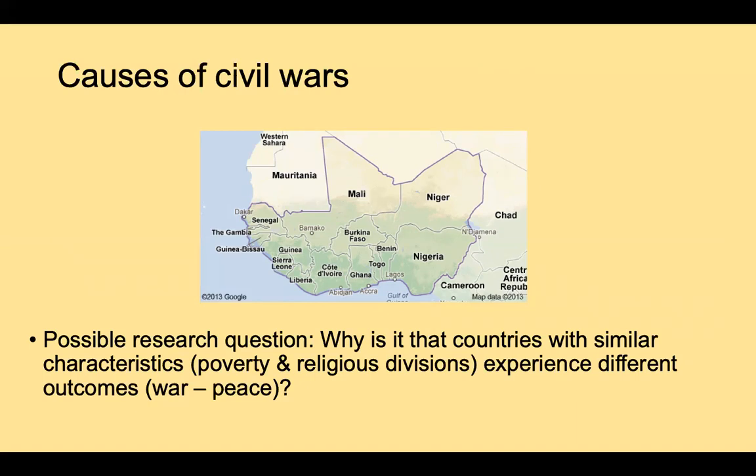Another thing I want to tell you is that our comparative case study designs and our research questions can be based on 2 countries, or they can be based on 4 or 5 or 6. It just depends on how many cases you want to analyze and you think are relevant to the specific study that you're doing. Of course, in this class, I don't expect you to do any more than 2. So don't be alarmed.